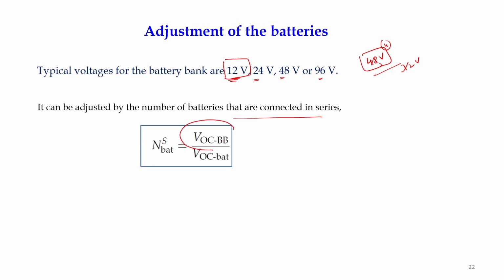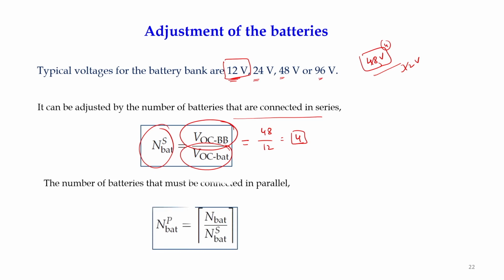If we know the open circuit voltage of the battery bank and the open circuit voltage of a single battery, then we can find out how many batteries are to be connected in series. That means, if the battery bank voltage is 48 as I said before and the single battery voltage is 12, then it will be 4. So, 4 batteries are to be connected in series, right.